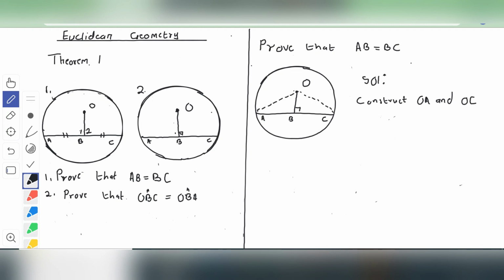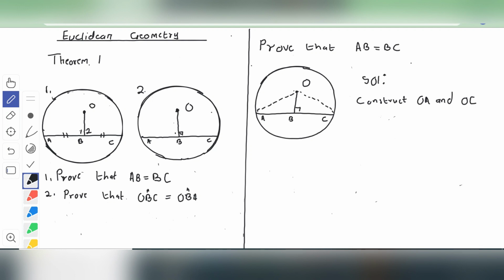And OA, guys, it's a radius because it's a line drawn from the center which touches what? The circumference, right? So it's the radius. And also the line OC, it's a radius. And whenever we have the radius, the lengths of each radius are equal, all of them.